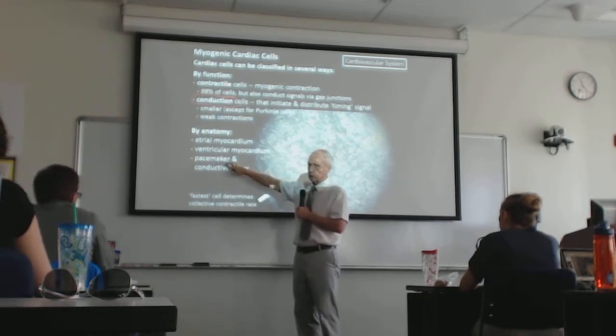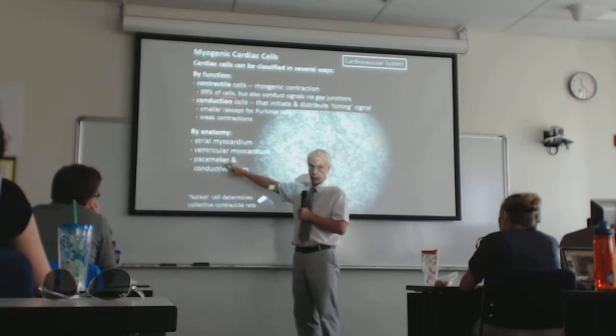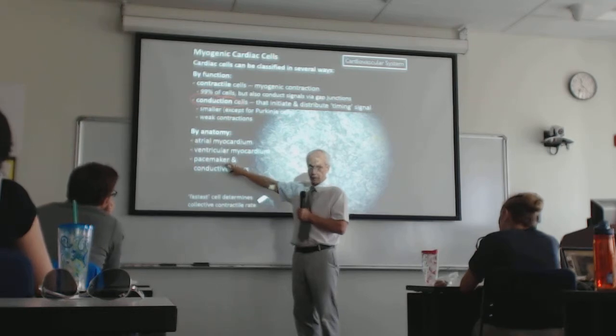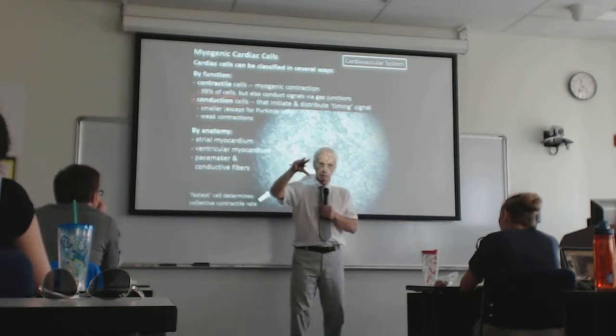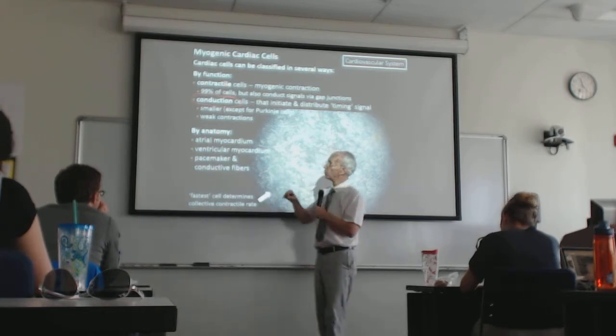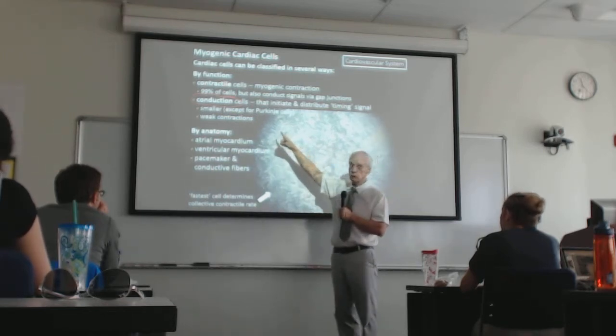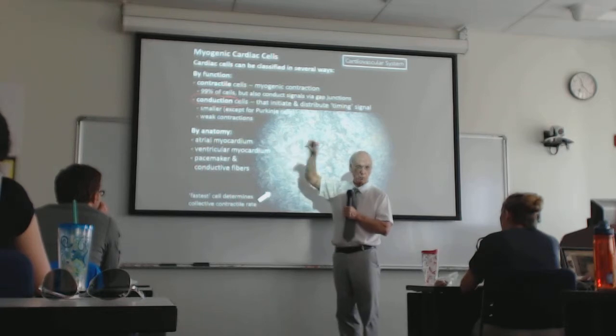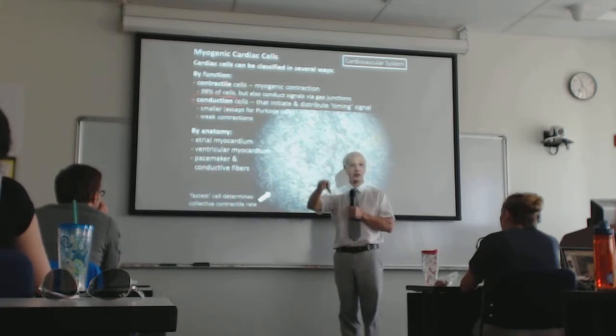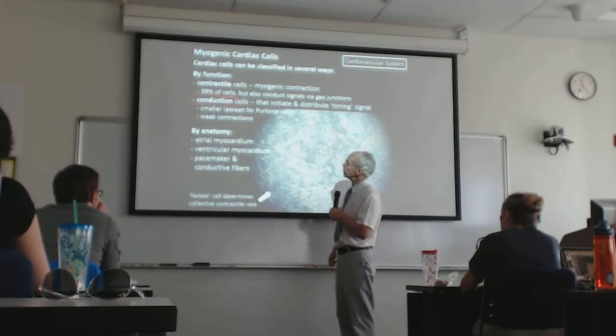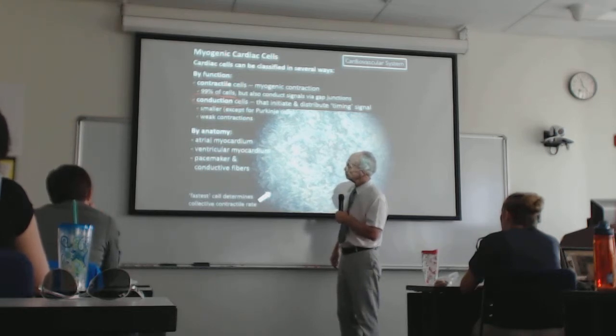Specialized pacemaker cells in the heart, and we're going to talk about where they're located, especially in, for example, the sinoatrial node, serve as timekeepers, sending out electrical signals, action potentials, that are then propagated along the conduction pathways, for example, from the SA node to the AV node and down to the ventricle.